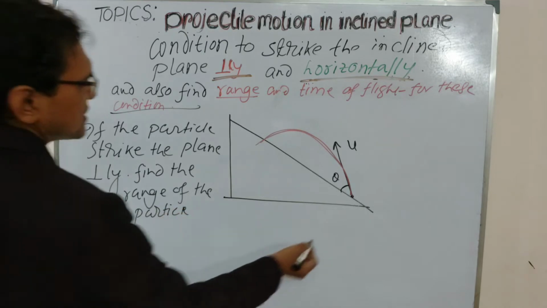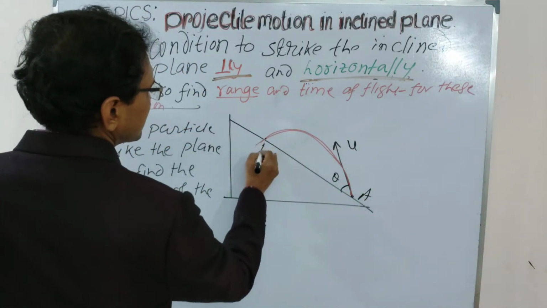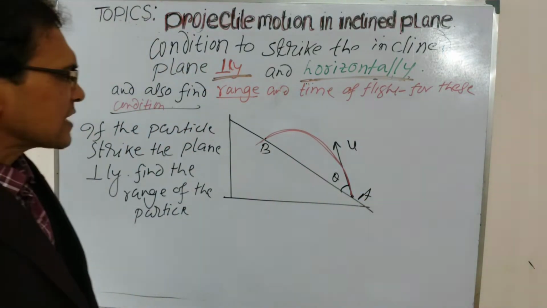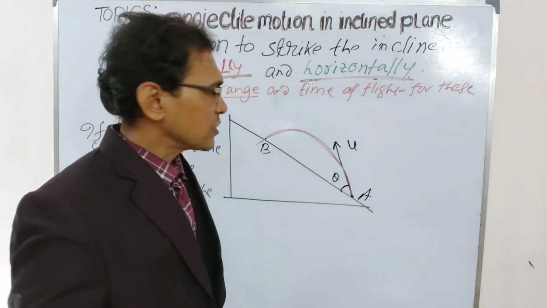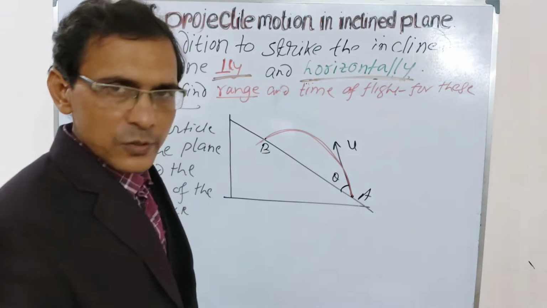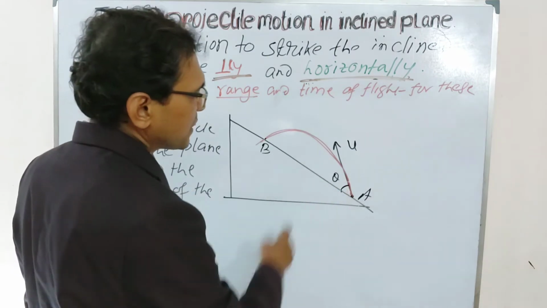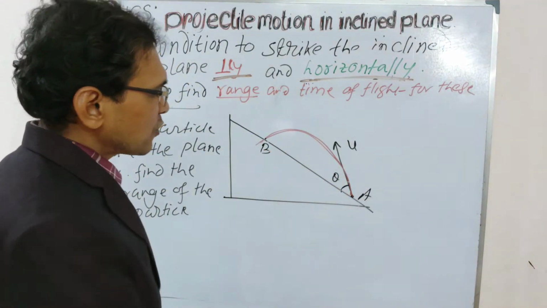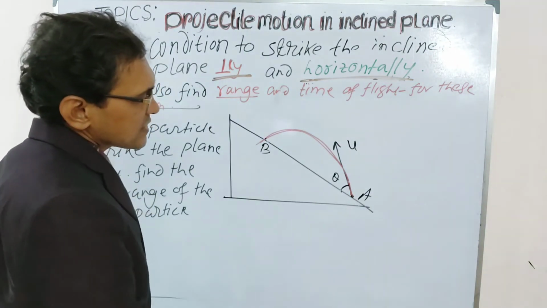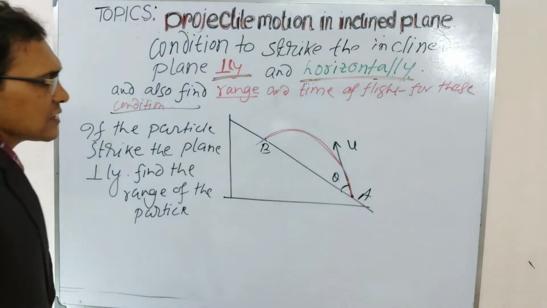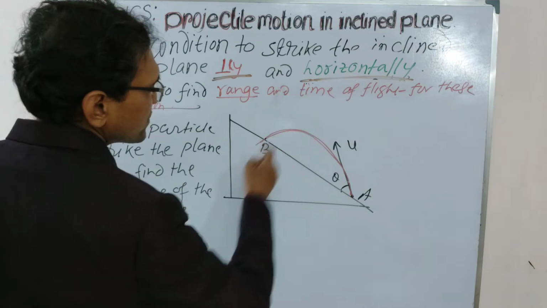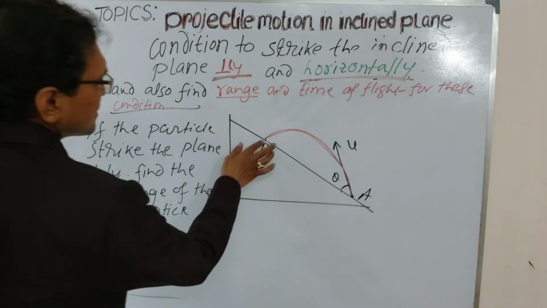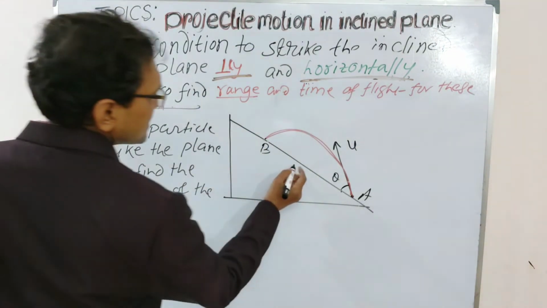Here range means this distance A to B. Question understood? This is an inclined plane. If a body is projected with velocity u at an angle theta with the inclined plane, and if it strikes the plane perpendicularly, then what is the range of this particle? You have to answer the range in terms of u and theta. Okay, now let's find how to find the range. The range is r here.